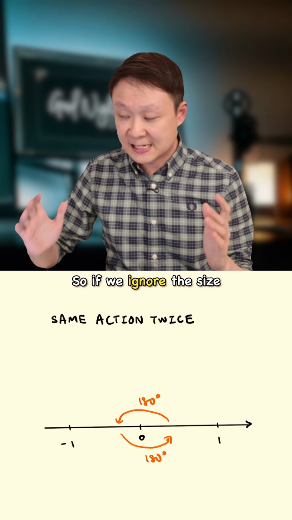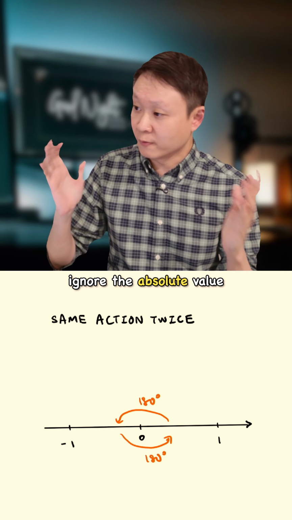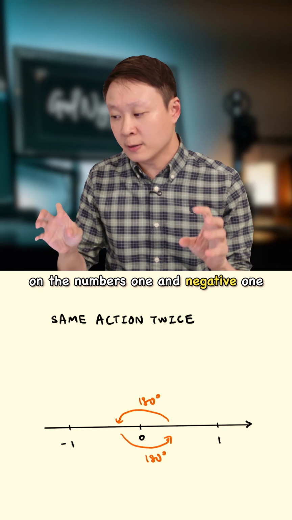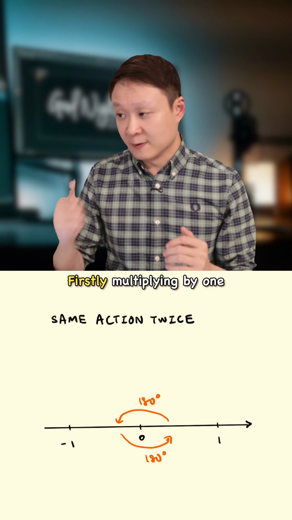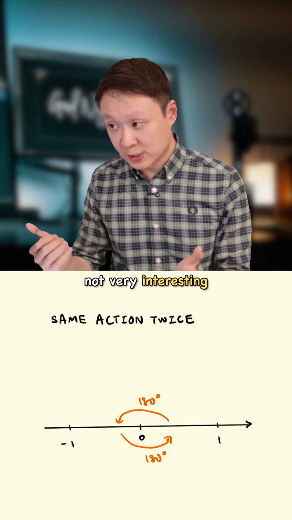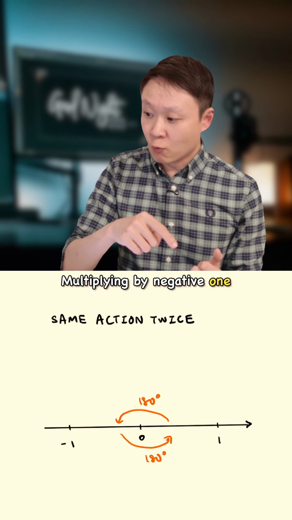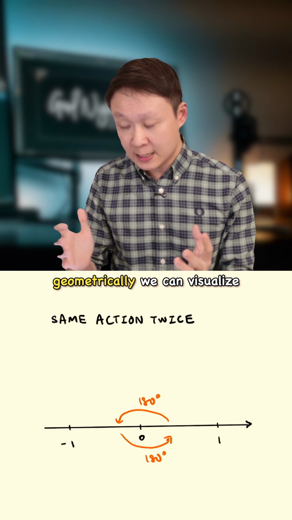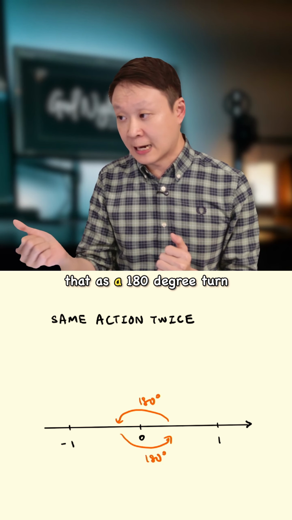So if you ignore the size of the number, ignore the absolute value, ignore the magnitude, and just focus on the numbers 1 and -1, we can say two things. Firstly, multiplying by 1 essentially does nothing, not very interesting. Multiplying by -1 is to reverse its direction geometrically. We can visualize that as a 180-degree turn.